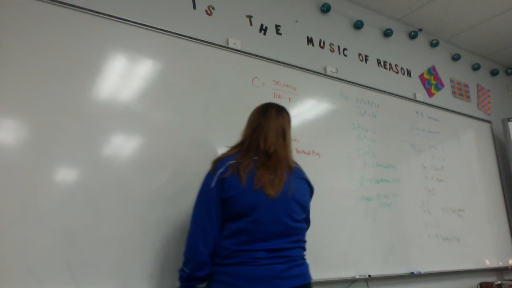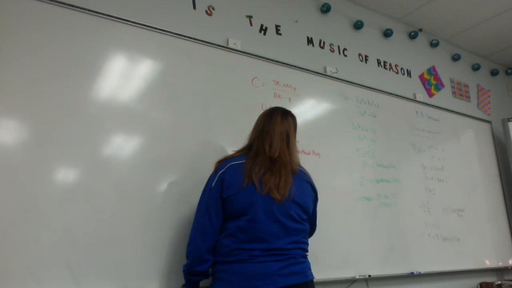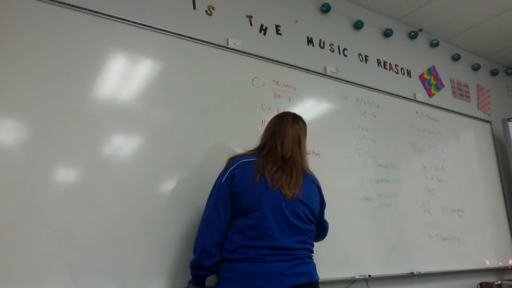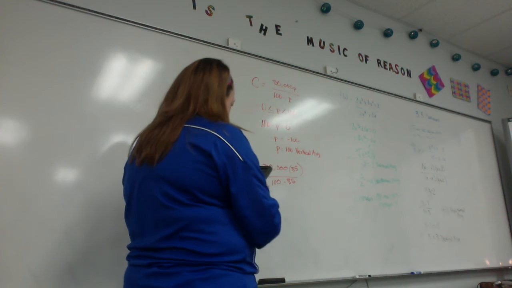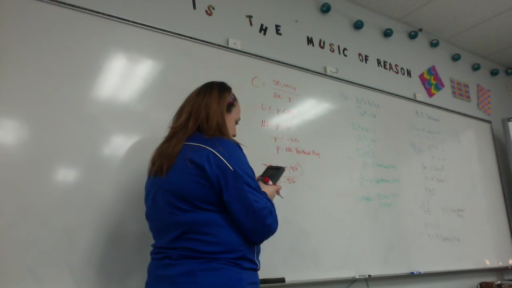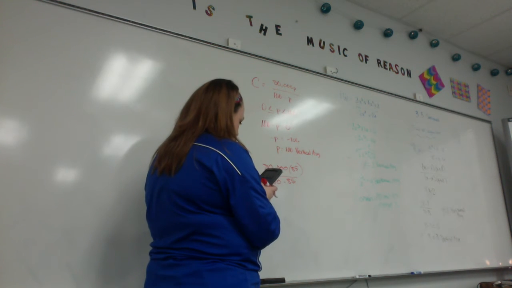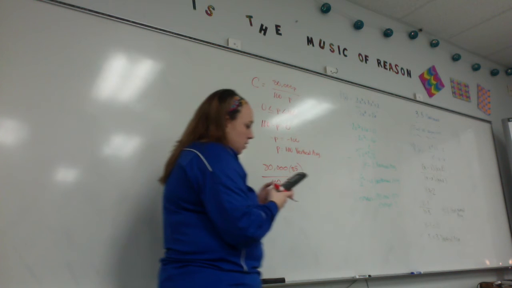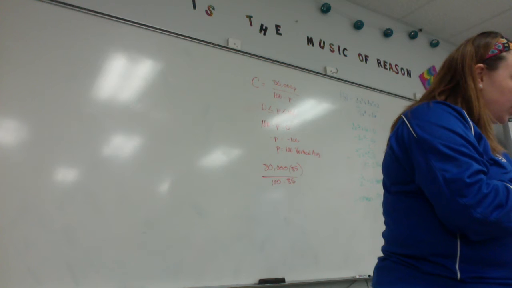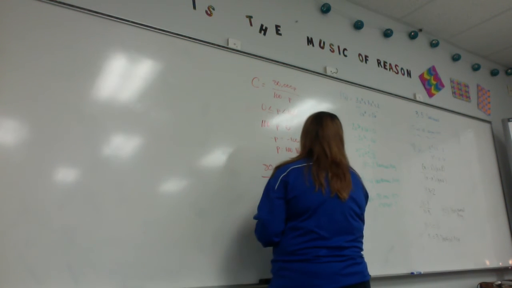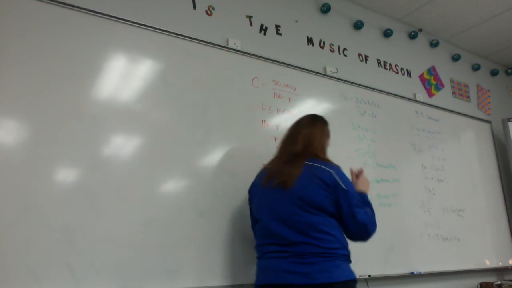So we're going to plug 85 into the P. We do 80,000 times 85, and we divide that by 15. And you should get $453,333.